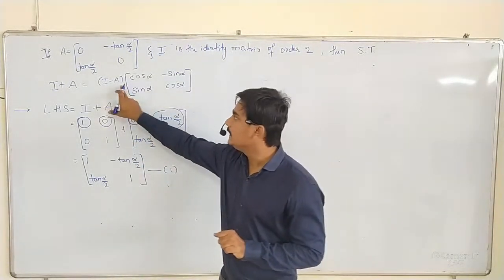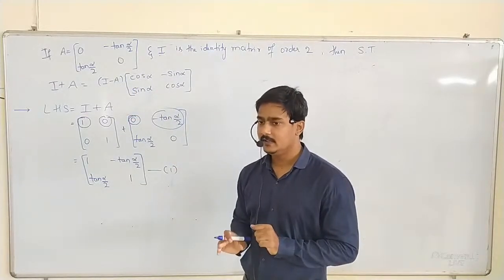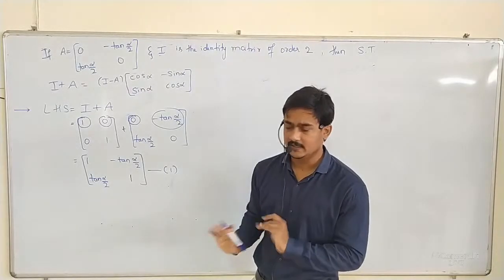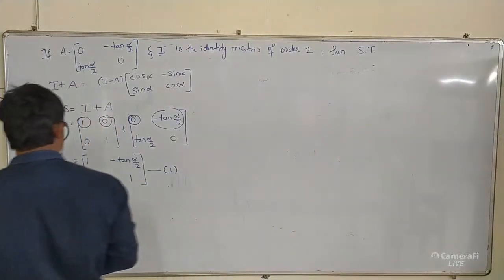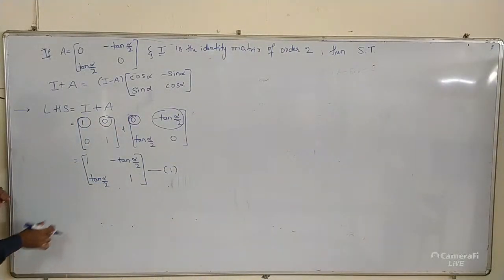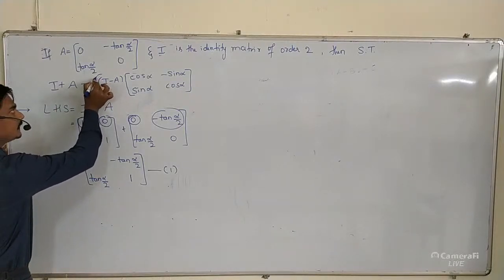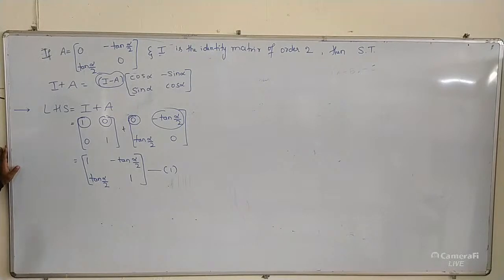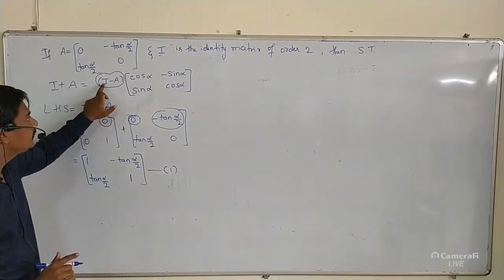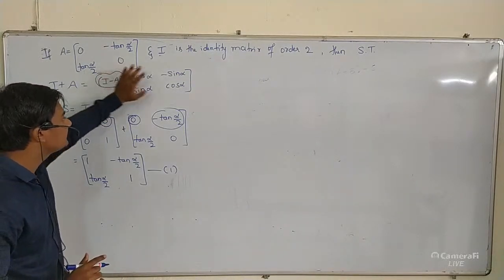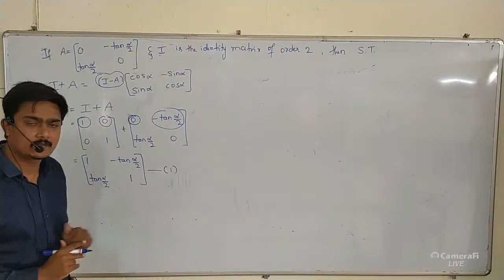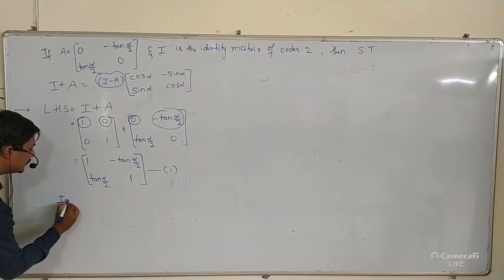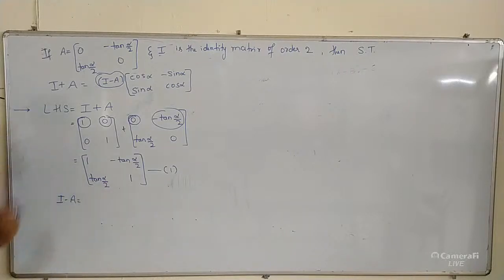Now I will find out RHS and finally I will show that LHS and RHS give the same matrix. Now, if you want to use RHS, first you need to have what? I minus A matrix. Observe right hand side. In right hand side, I minus A matrix must be multiplied with this entire matrix, isn't it? So first I will compute I minus A matrix separately. Then I will take right hand side.